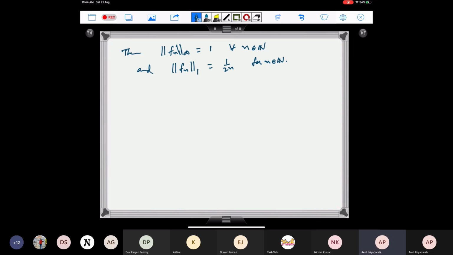So does this imply that these two norms are not equivalent? Therefore, norm 1 is not equivalent to norm infinity.